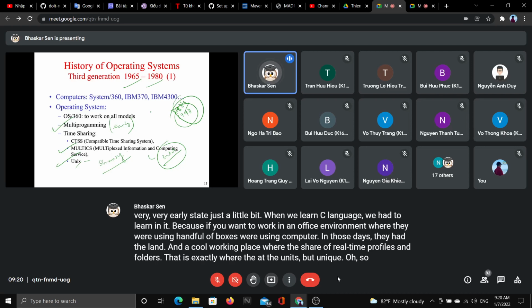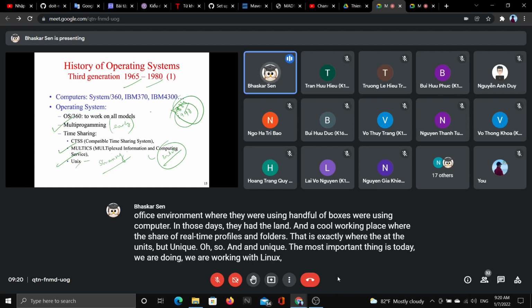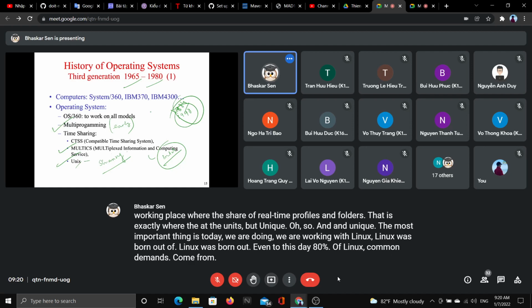The most important thing is that today we are working with Linux. Linux was born out of Unix. Even to this day, 80% of Linux commands come from the old Unix. So Unix was highly influential.